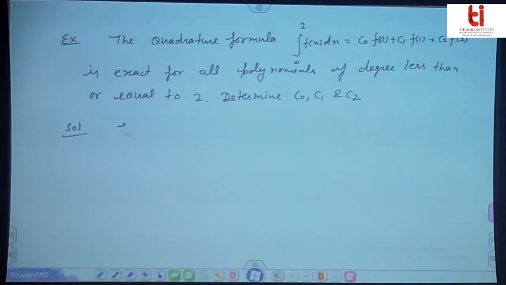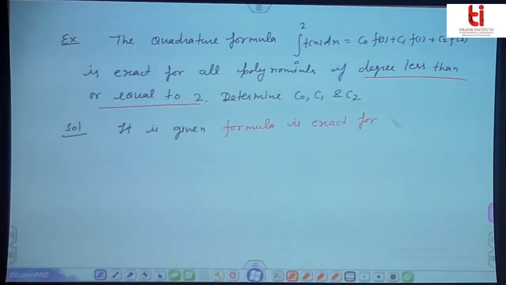It is given in this question that the quadrature formula is exact for all polynomials of degree less than or equal to 2. So the degree of precision given here is 2.